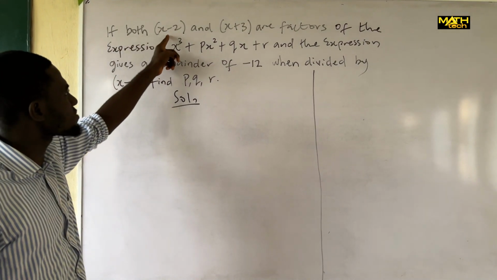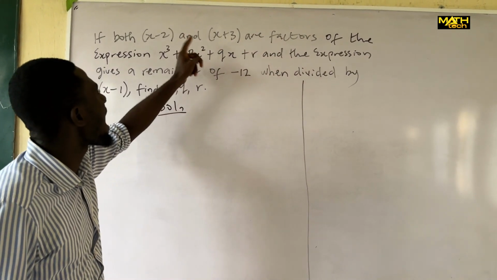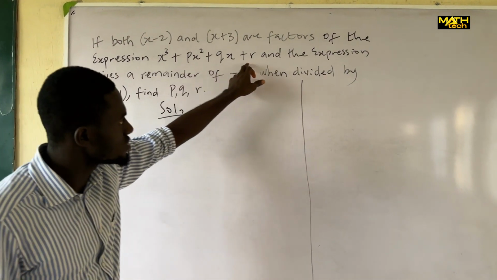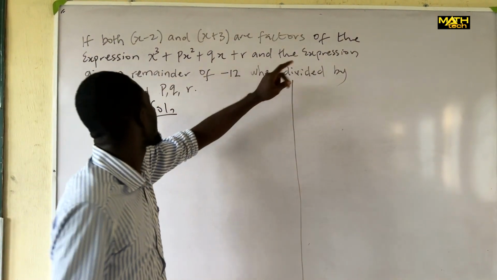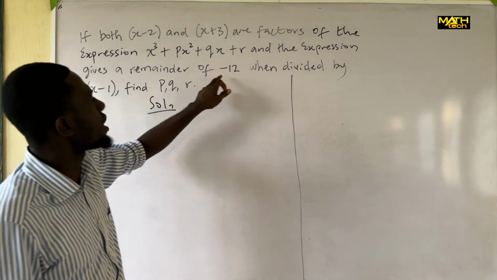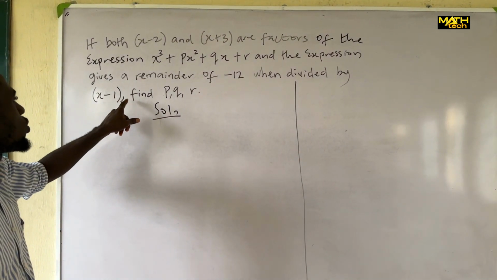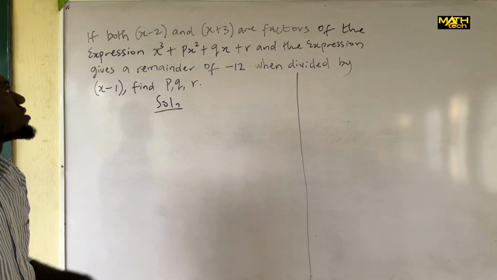If both x minus 2 and x plus 3 are factors of the expression, and the expression gives a remainder of minus 12 when divided by x minus 1 in brackets, find p, q, and r.